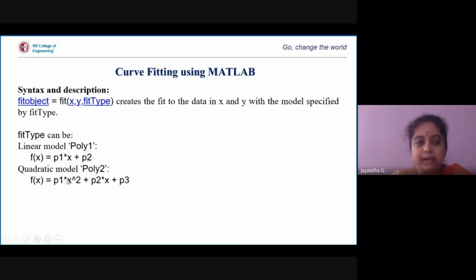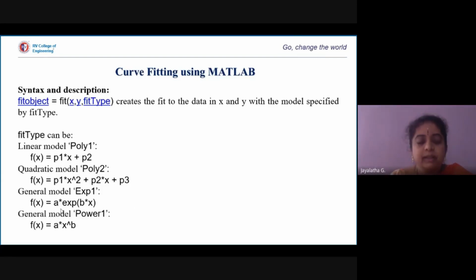It will give you the values of p1, p2 and p3, which are the required values. And then you have the general model exp 1, which gives you a curve of the form a e power bx. The last one is the power curve, which is specified with power 1.